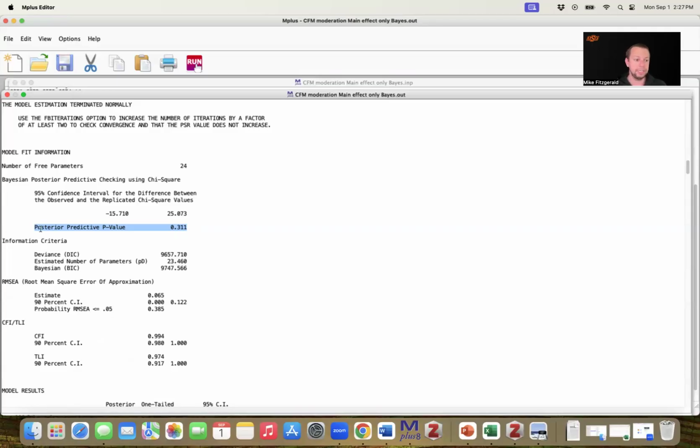So this actually tells us that we have a less than optimal model, that there's some potential problems here with the PPP value. All right, so again, we want this to be 0.45 and 0.55, and essentially we want these to be equally symmetric away from zero. So we would really want optimally this to be 15.073 rather than 25. All right, so it's giving us a little bit of feedback that maybe we don't have the best model.